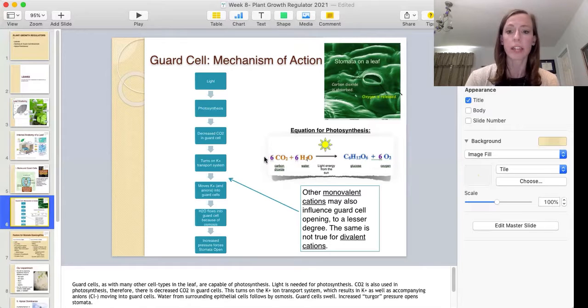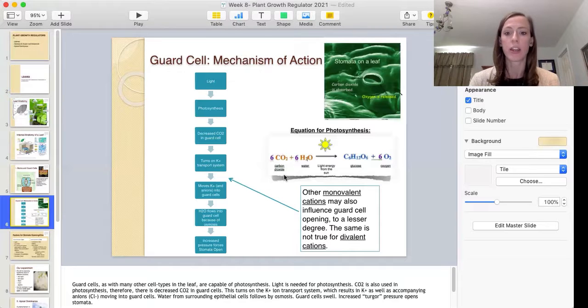And this causes a decrease in carbon dioxide in our guard cells. Okay, so there's a lower concentration of carbon dioxide when it is conducting photosynthesis. And this is going to turn on a mechanism in the guard cell which allows for potassium ions to move into the guard cell from surrounding cells.